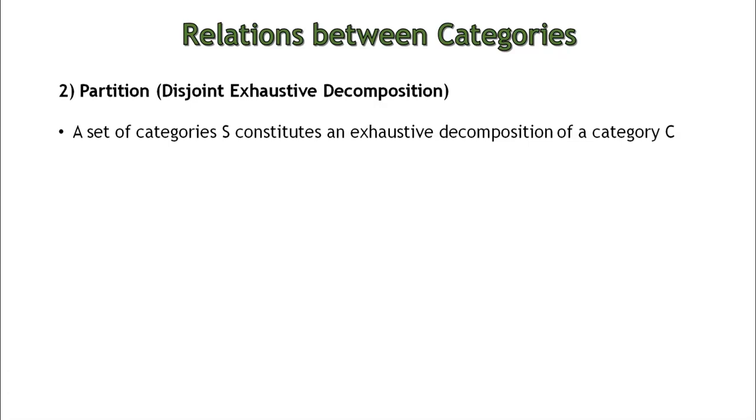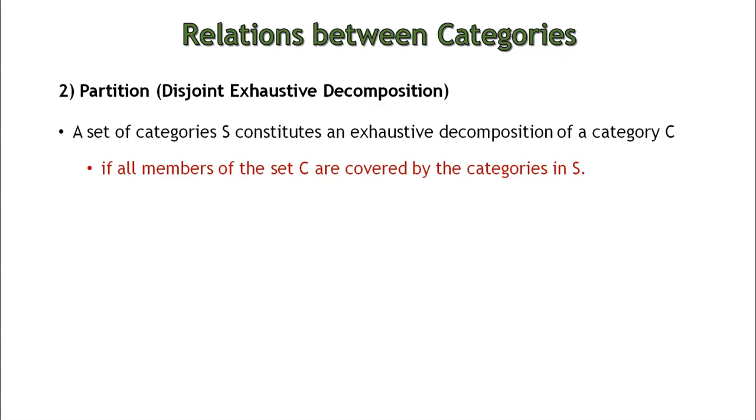A set of categories, say S, constitutes an exhaustive decomposition or a partition of a category C, provided all the members of the category C are covered by the categories in S. We say the set of categories S is a partition of C, provided all the members of the set C are covered in the categories in the set S.